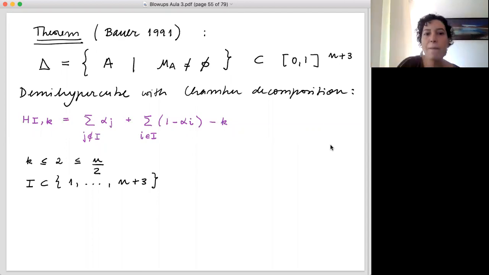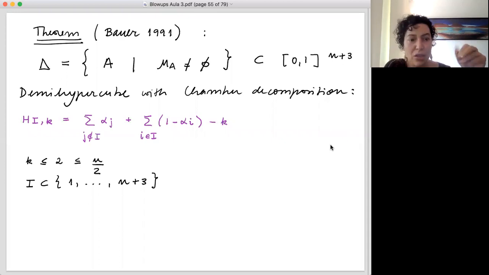This is just a bunch of hyperplanes inside R^(n+3). And let me describe what this is. For every subset I of the index set from 1 to n plus 3, and for every integer k between 2 and n over 2, I can consider this hyperplane.